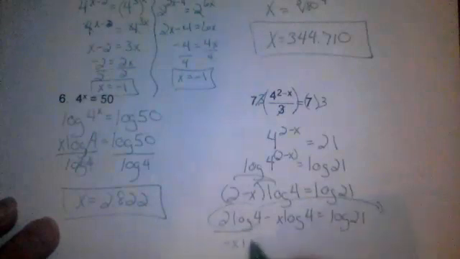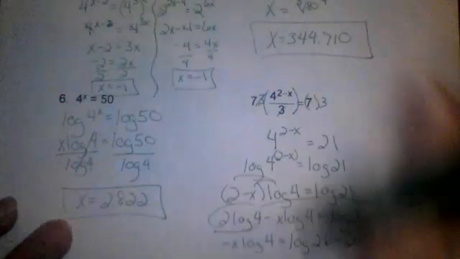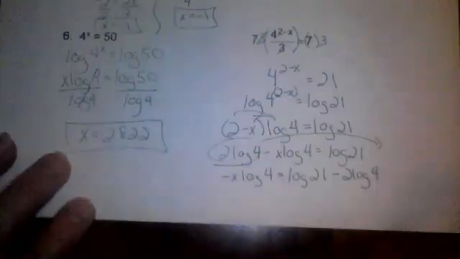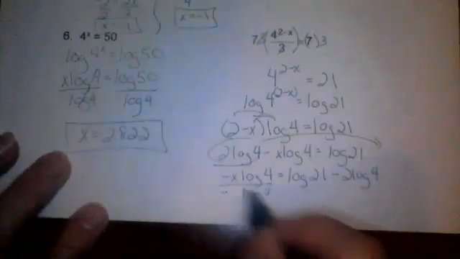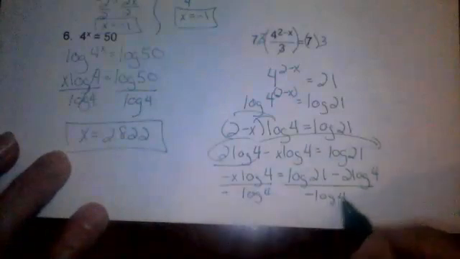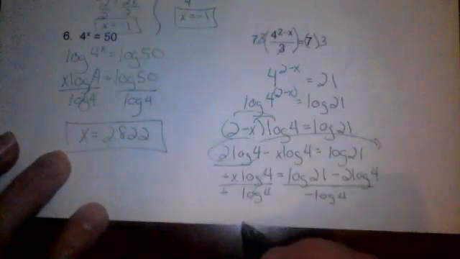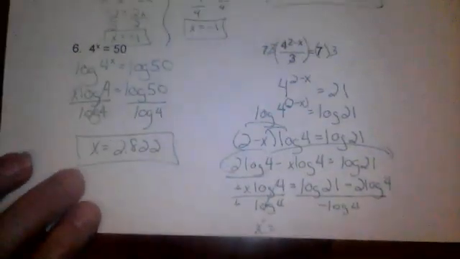So negative x log 4 equals log 21 minus 2 log 4. And then I could divide through by negative log 4. I've got to divide through by the negative and the log 4. So that's gone, and x will equal this.